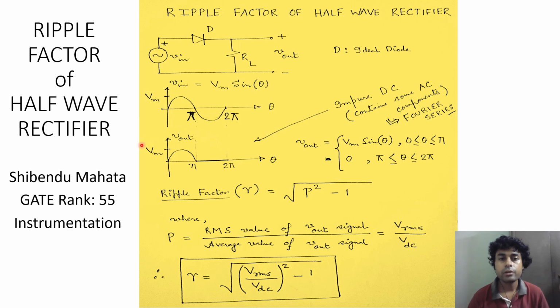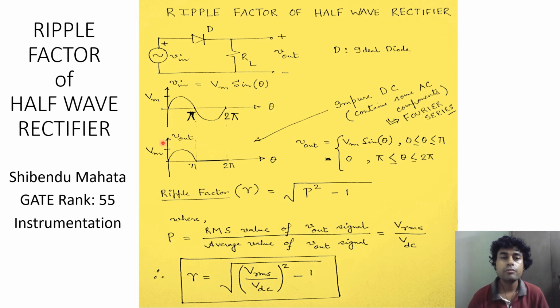Now note that although this is a DC signal, it is an impure DC, in the sense that this DC signal will contain some AC components as well. And we have the concept of Fourier series.